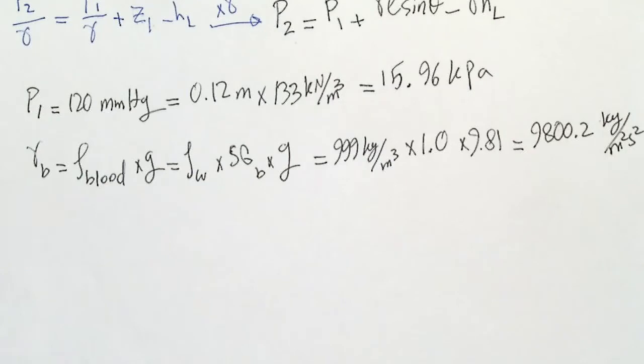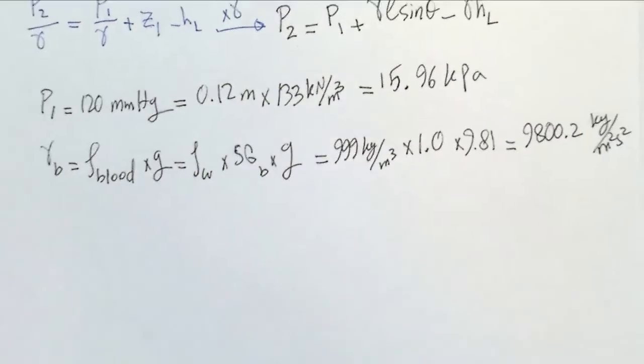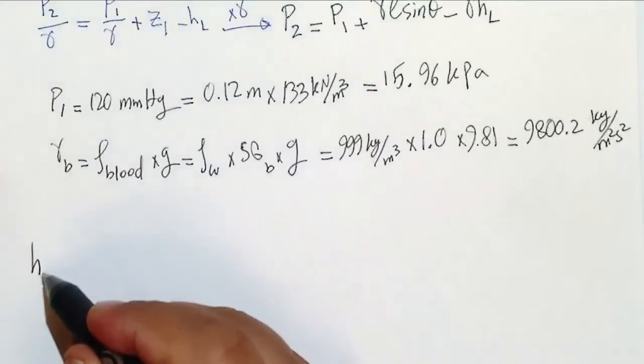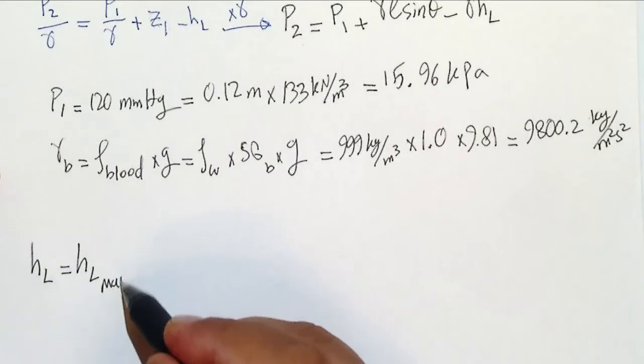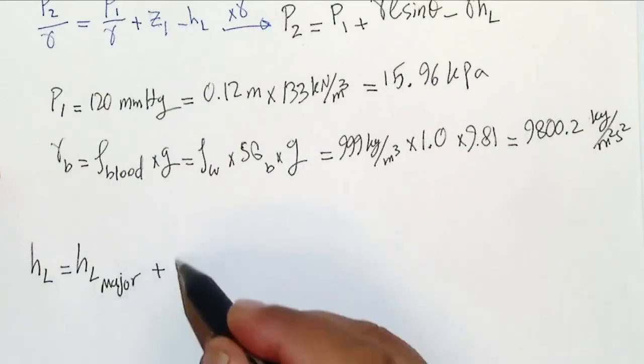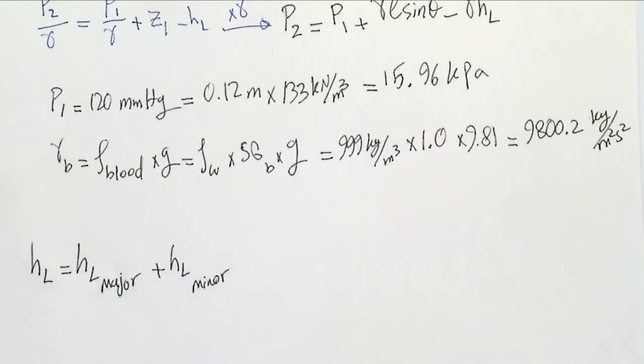In the part of HL, you will have the head loss, which is equal to HL of major and HL of minor. So we have two parts in the head loss. One is major loss and one is minor loss.